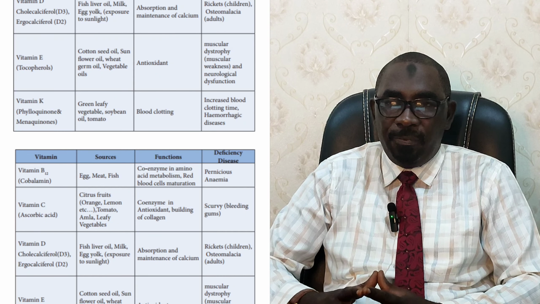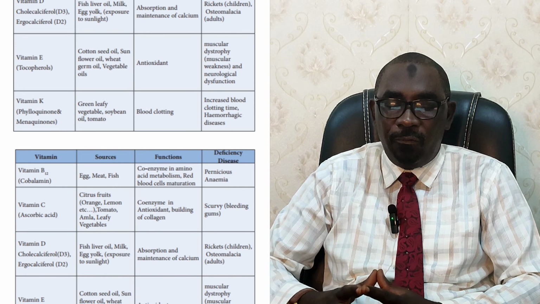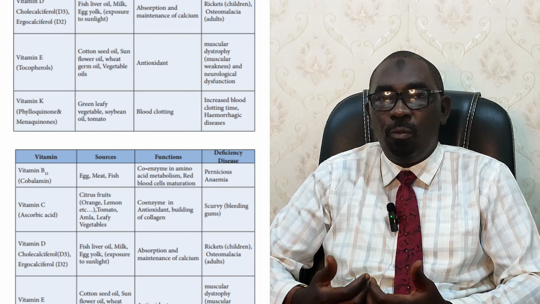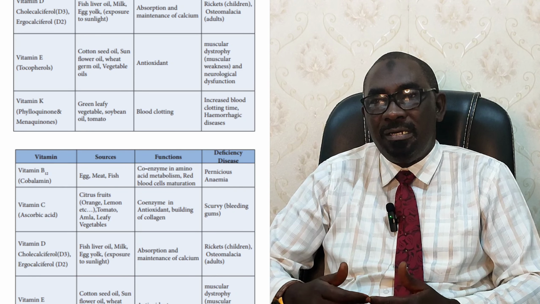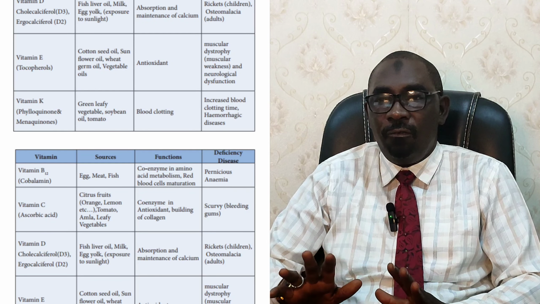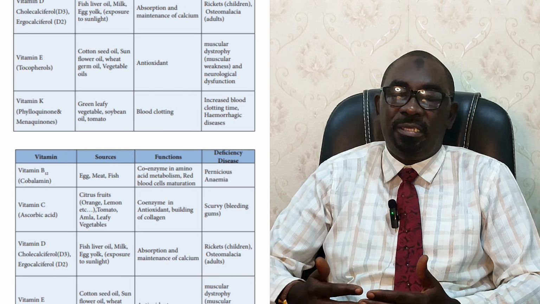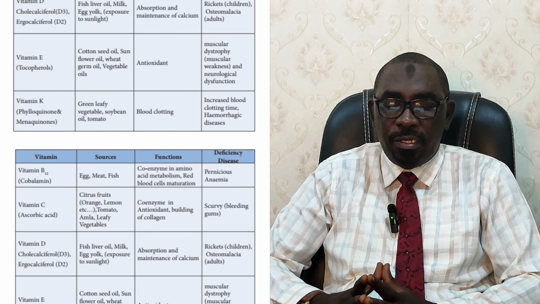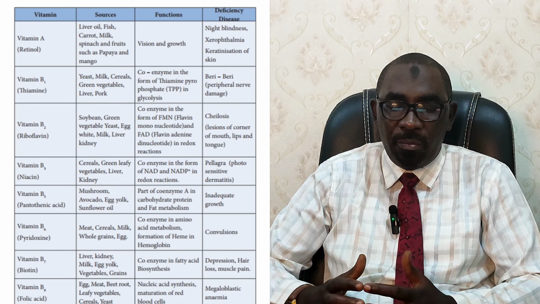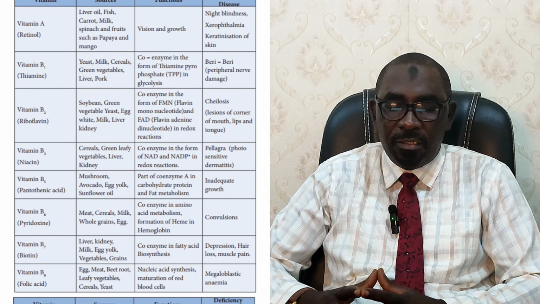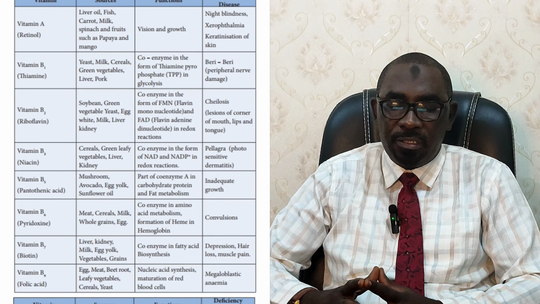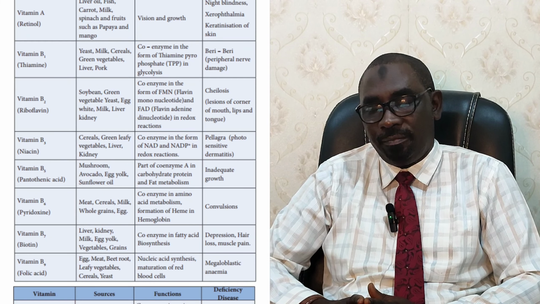So the deficiency of folic acid brings about megaloblastic anemia, which brings about discharge of the content of the red blood cells. So where do we get folic acid? We get folic acid from egg, from meat, from beans, from leafy vegetables, and from cereals, and also from yeast.